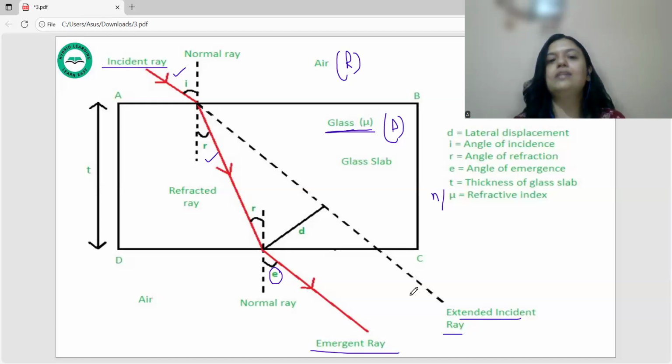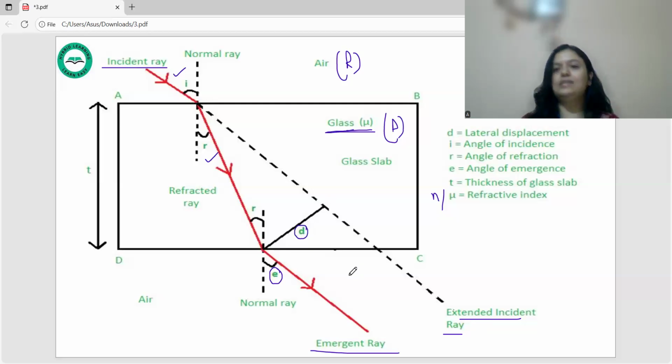If we correlate our emergent ray after refraction with this extended incident ray, we can see that it is slightly displaced in the sideways direction. That's why we say that in a rectangular glass slab, the light ray gets laterally displaced. Laterally displaced means shifted sideways. And this distance between them is known as D.